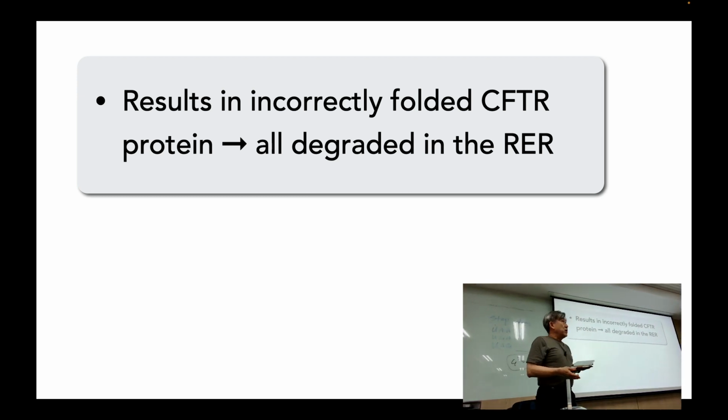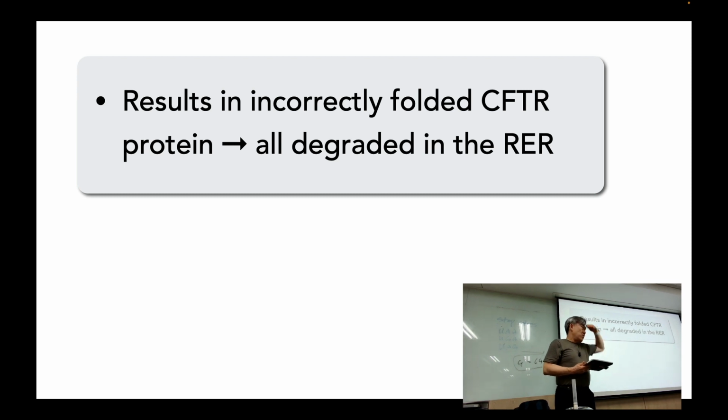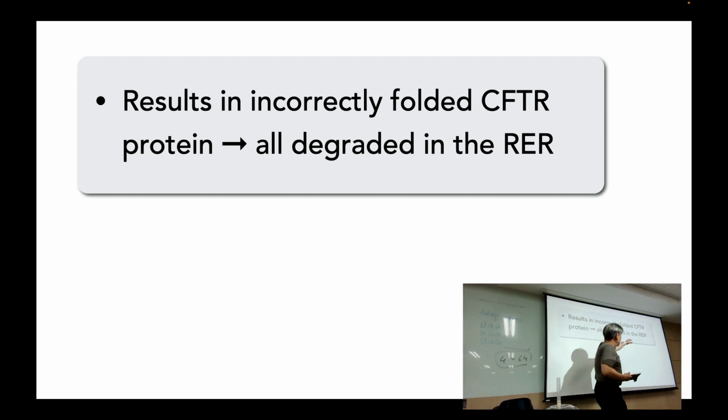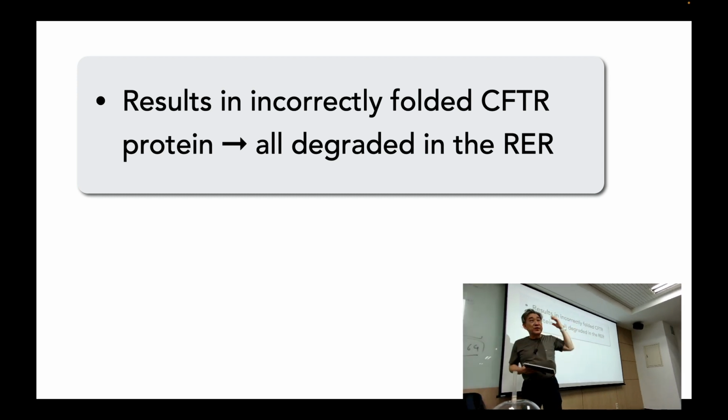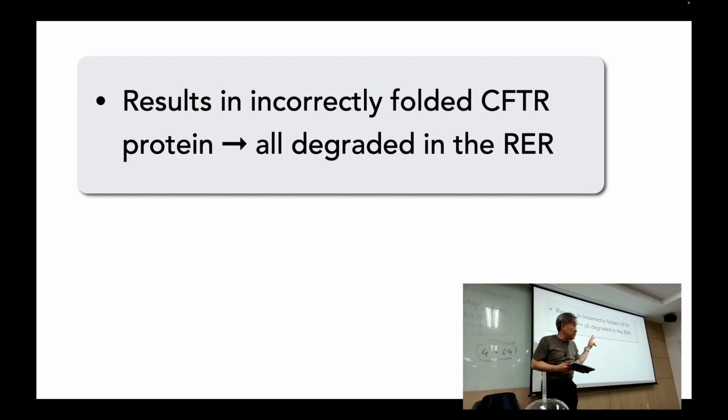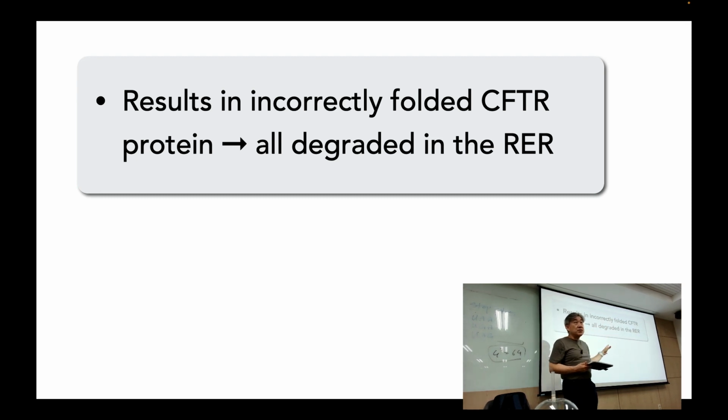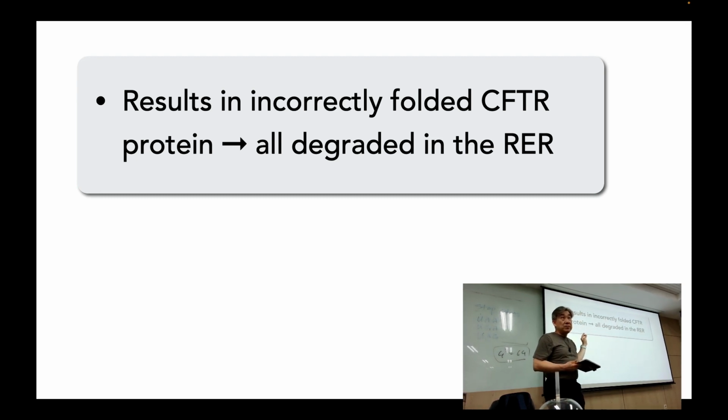If you recall, what happens inside the rough endoplasmic reticulum? Two things happen. All the secreted proteins, including the membrane proteins, enter the rough endoplasmic reticulum. And what happens to them?